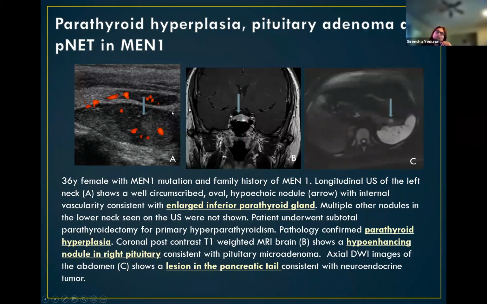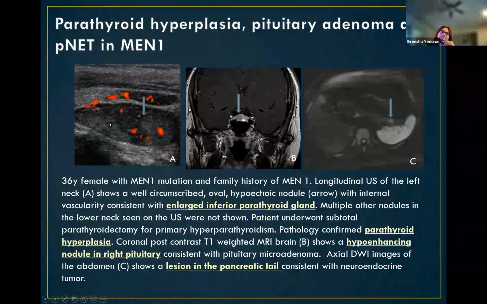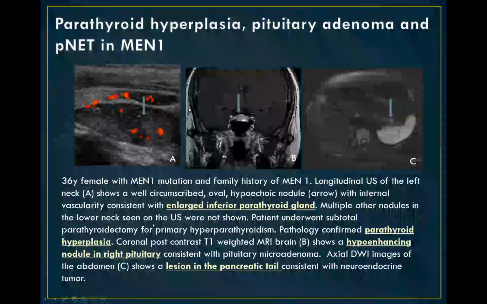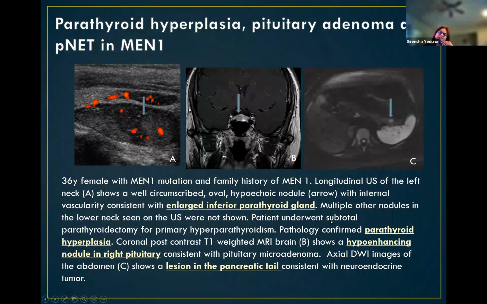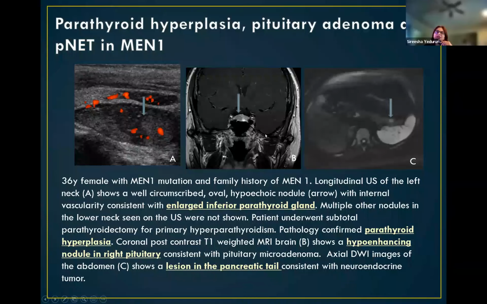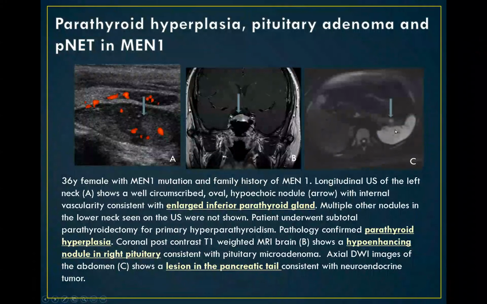This is a classic picture. The patient underwent the treatment that I've described, subtotal parathyroidectomy for primary hyperparathyroidism, pathology hyperplasia. There is a pituitary adenoma. And here diffusion weighted images sometimes may show better than the regular images on MRI.